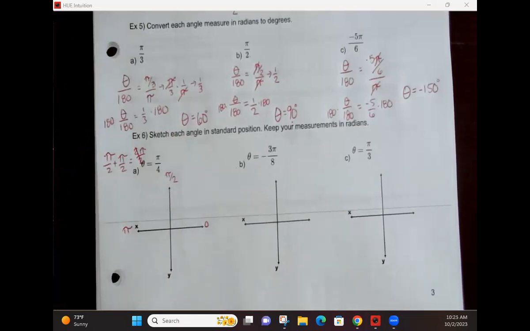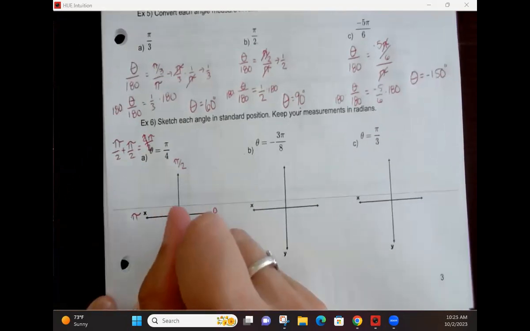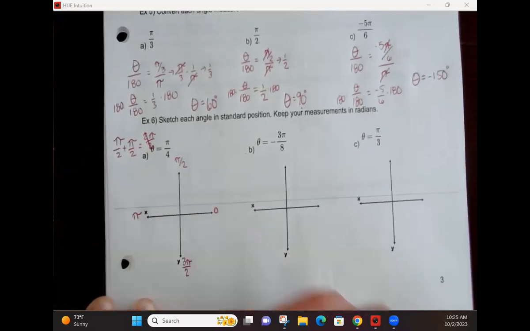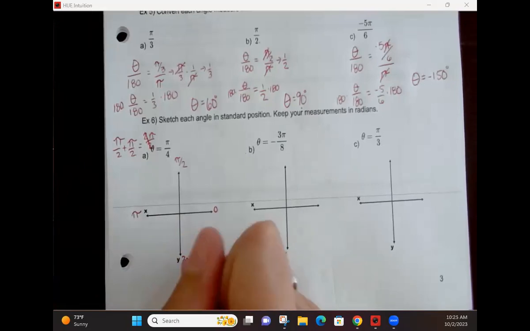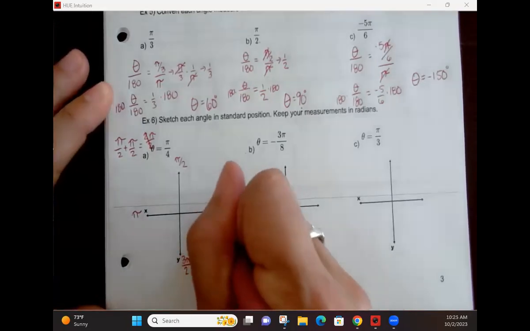So 180 degrees is pi radians. If I go another 90, that's pi plus pi over 2. That's 3 pi over 2. And if I come all the way back, that whole 360 is 2 pi.